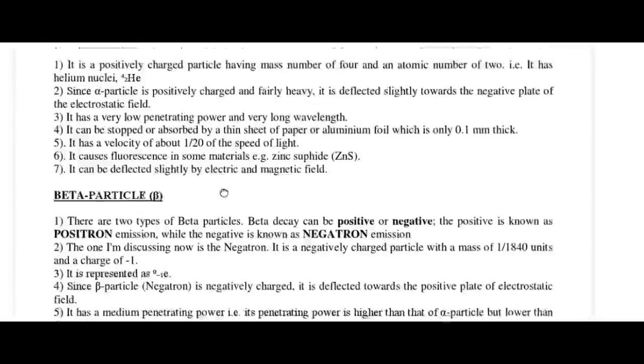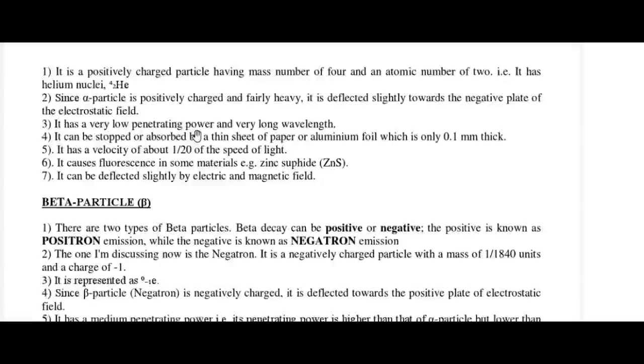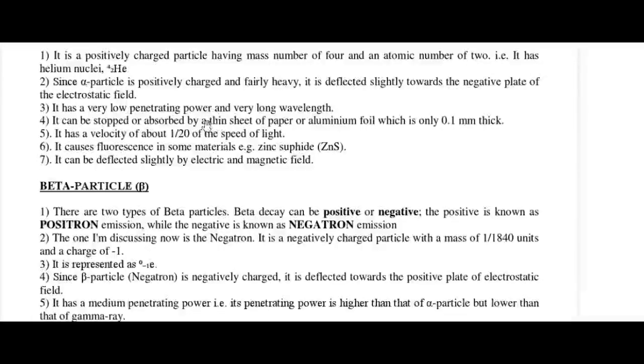The first thing you need to know about alpha particle is that it is a positively charged particle having a mass number of 4 and an atomic number of 2. And the element that has this property is helium. So anywhere you see helium this way, it symbolizes alpha particle.